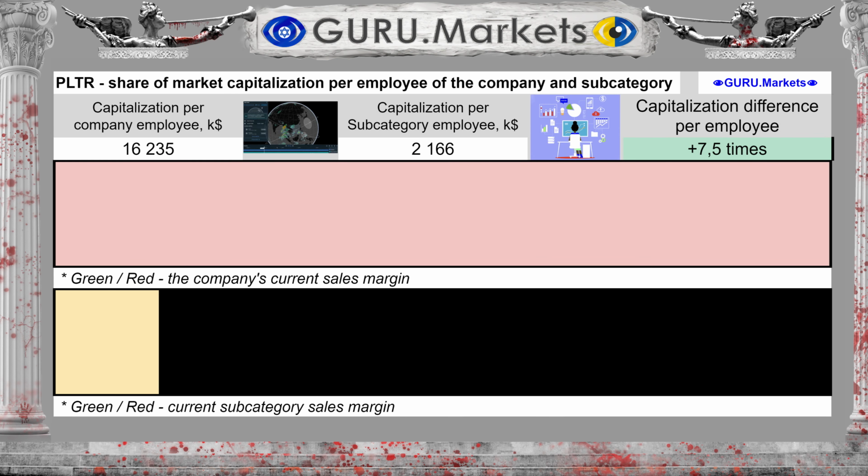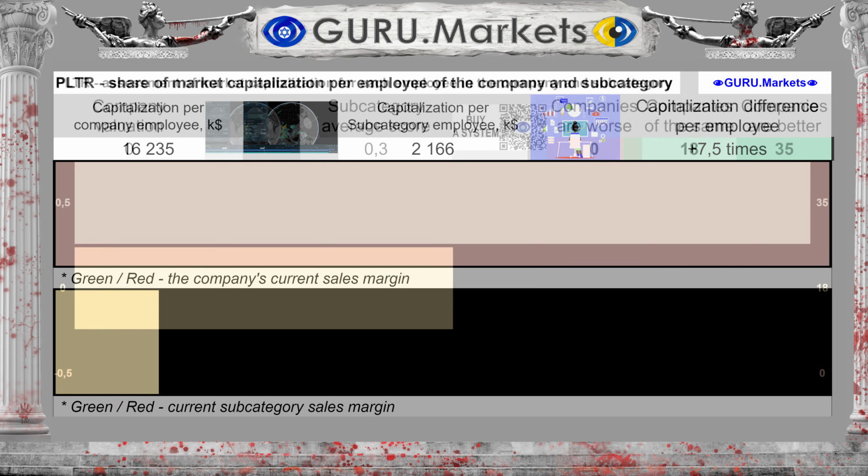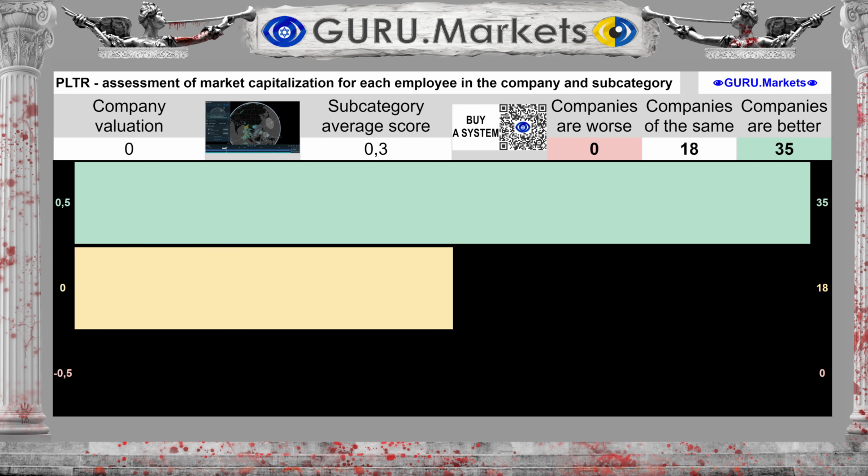The amount of capital for each employee of the organization is $16,235,000, whereas for the subcategory it is $2,166,000. The difference between the subcategory average and the organization's indicators is 649.5%. Estimation of the company's capital per employee in comparison with subcategory companies.